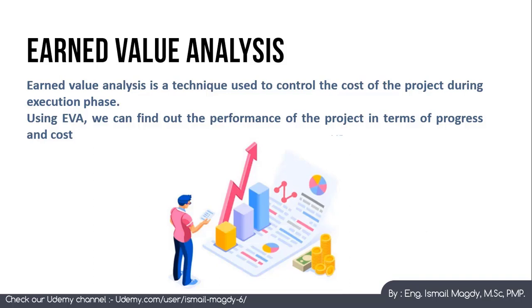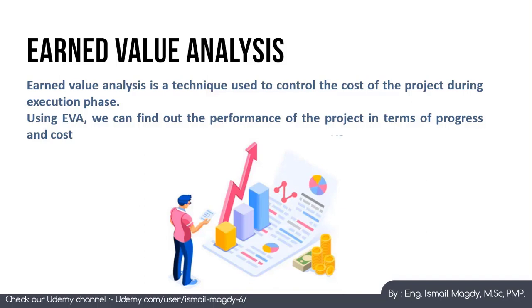But in order to understand the performance of our project in terms of cost, we must understand that right now we will be talking from the contractor's point of view, and we want to know if the project is still profitable to us or not. Because we learned earlier in the lecture on types of contracts that the relation between the owner and the contractor depends on the type of contract.